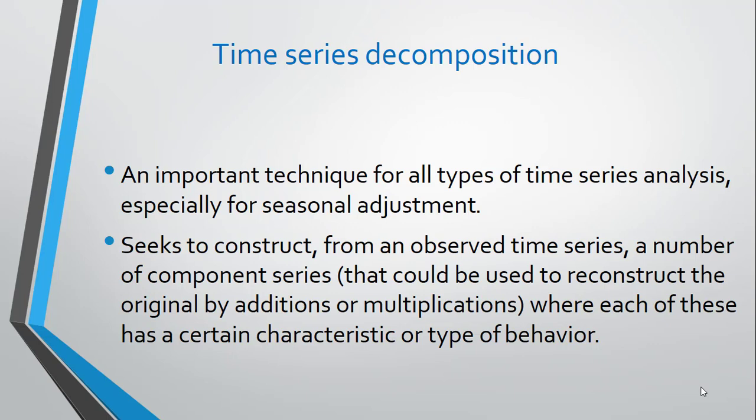An important technique for all types of time series analysis, especially for seasonal adjustment, is time series decomposition. Time series decomposition seeks to construct, from an observed time series, a number of component series that could be used to reconstruct the original by additions or multiplications, where each of these has a certain characteristic or type of behavior.